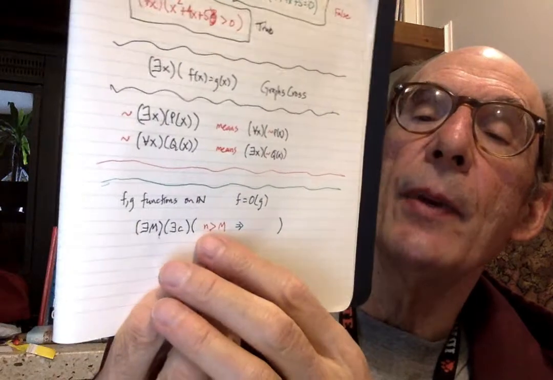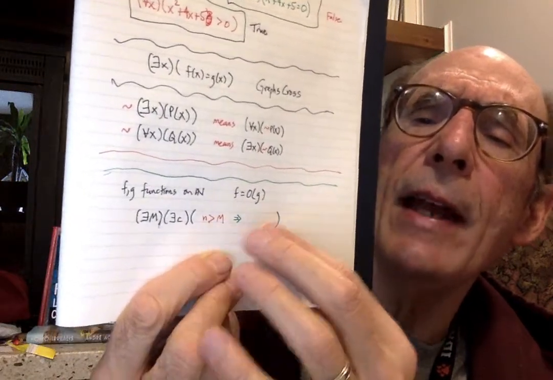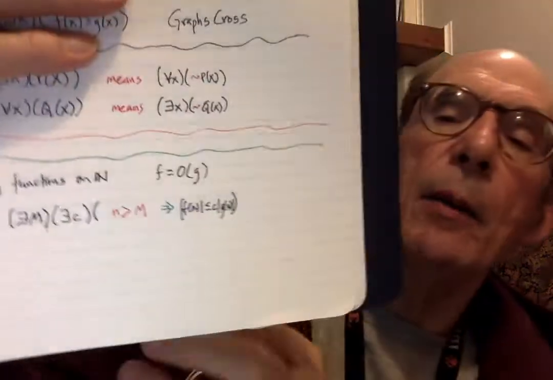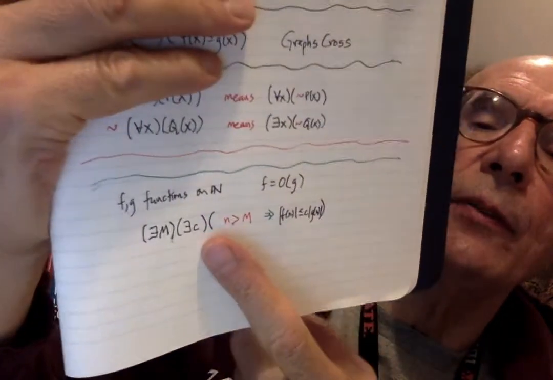Either way. But anyway, if n is bigger than m, that implies that f of n in absolute value is less than or equal to c times the absolute value of g of n. Kind of crowded in there, sorry. But this is the definition of big O.